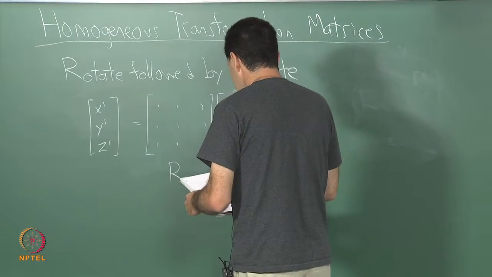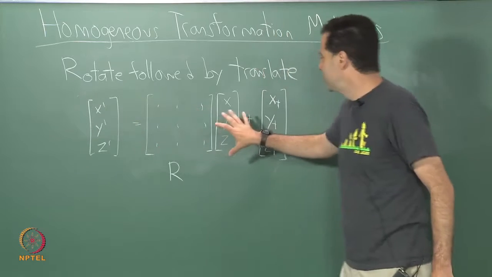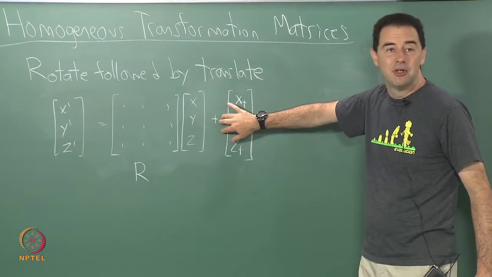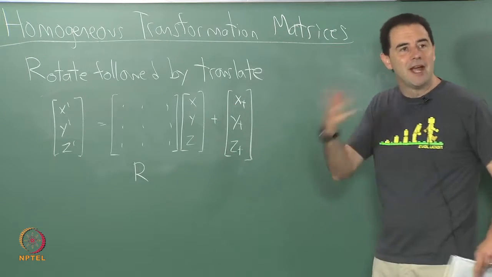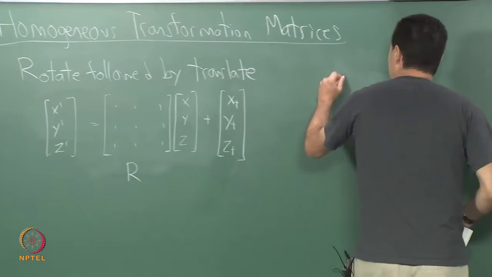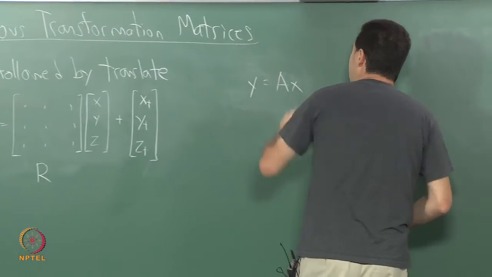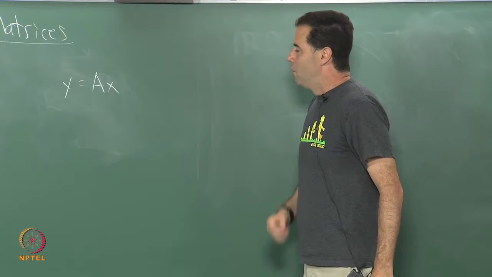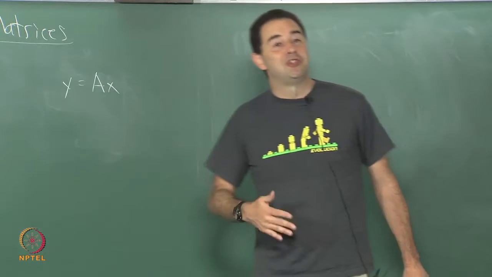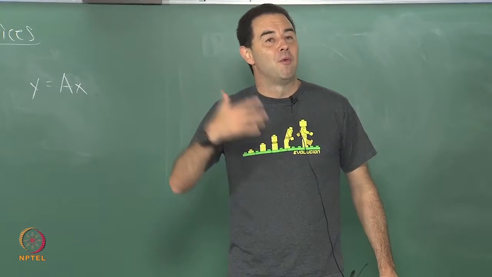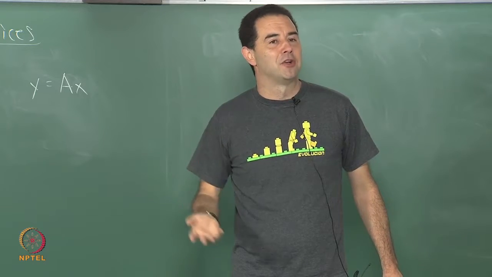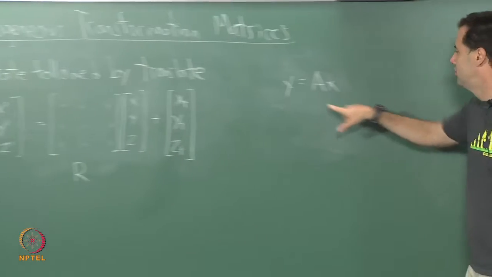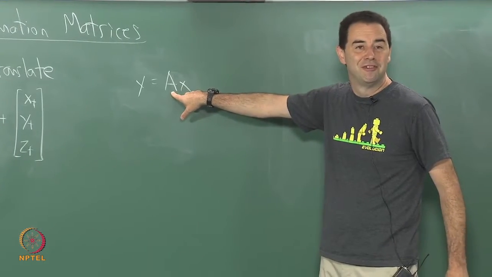So one thing to note is that the rotation part is a standard linear transformation, but this addition part comes outside of that because I'm not multiplying a matrix here in the front, right? So I'm not multiplying and adding matrices. I do not have a simple equation of the form y equals Ax. I've added some extra term to it. So one simple trick that people like to do is just extend the matrix by 1 dimension, add another row, add another column, and then you can get this expression into a form that looks like this, where there's just a single matrix.